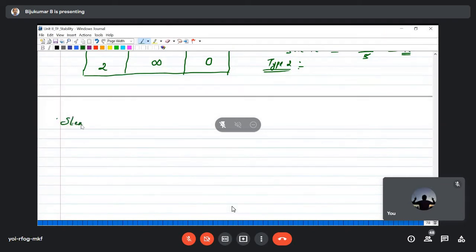That is steady state error, sorry, steady state error to a parabolic reference input.